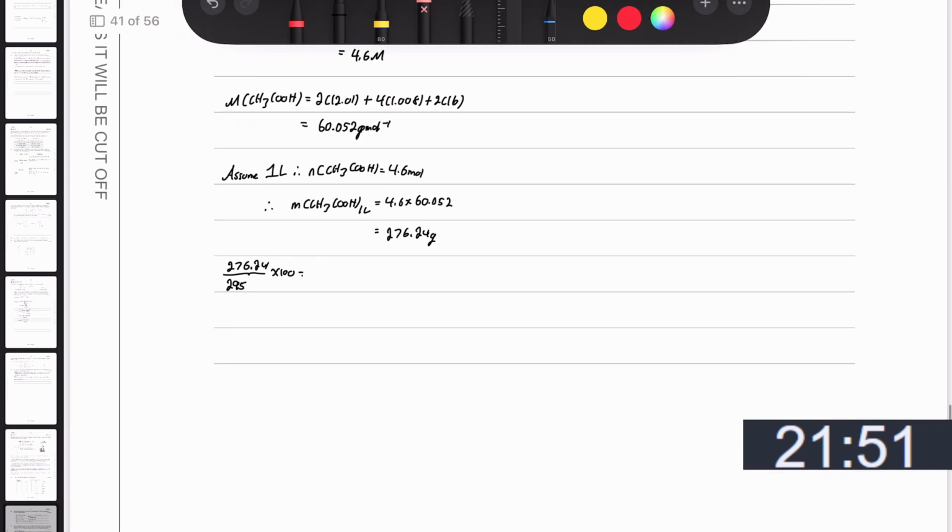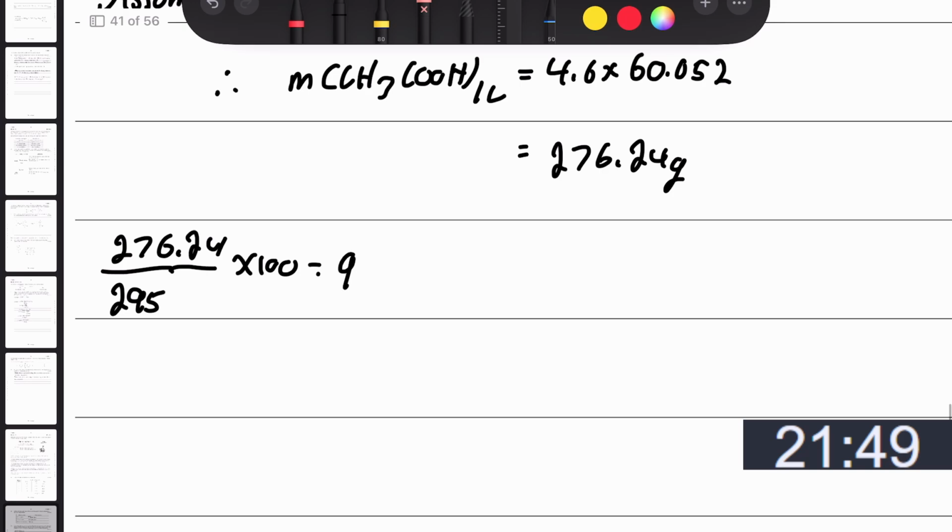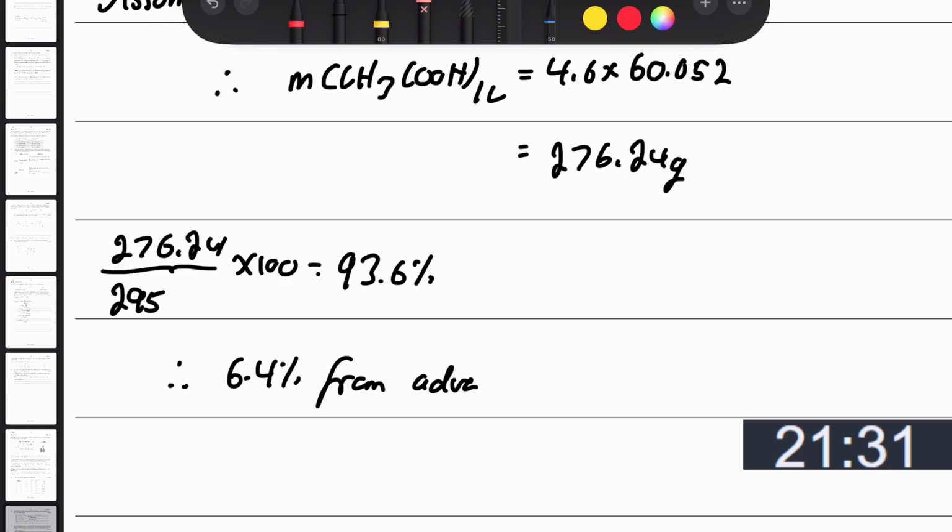Yeah. It's equal to 93.6%. So 100 minus 93.6 is 6.4% from advertised.